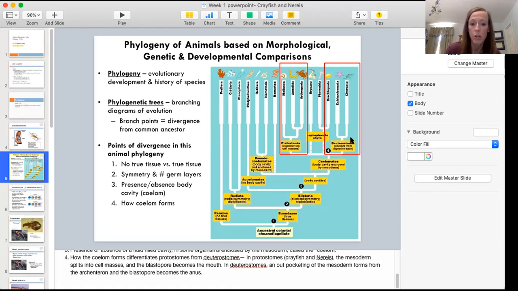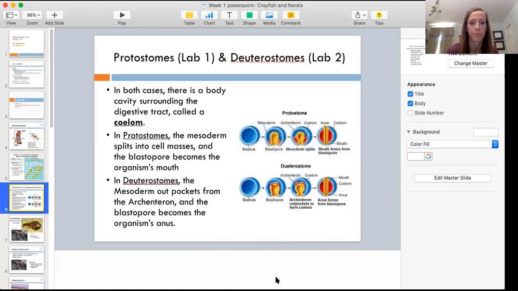So in deuterostomes, that first indent, the blastopore, becomes the anus, and the second opening becomes the mouth. So there are two big distinctions in the development of protostomes and deuterostomes, and we classify them according to those two differences.